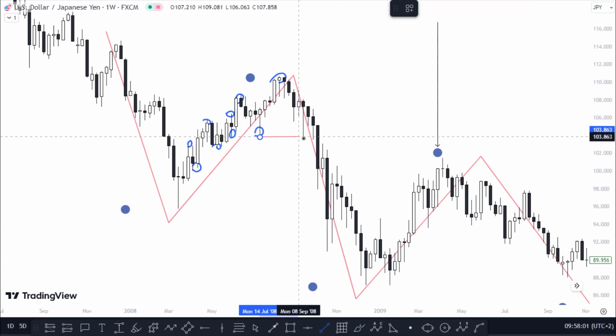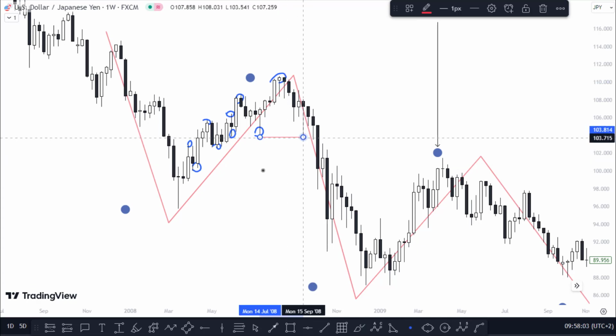You have got a break of structure. Do not mind about what follows after a break of structure, not as of now.